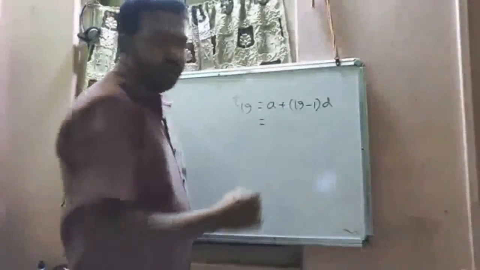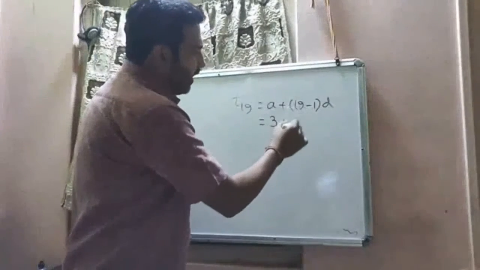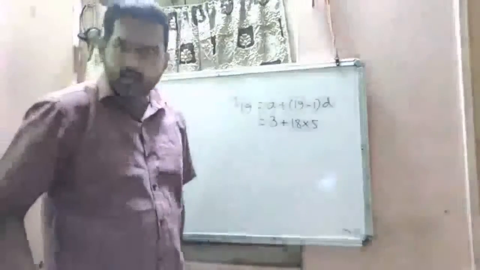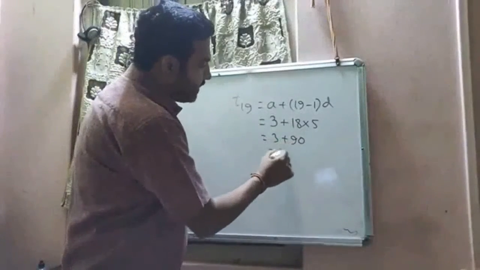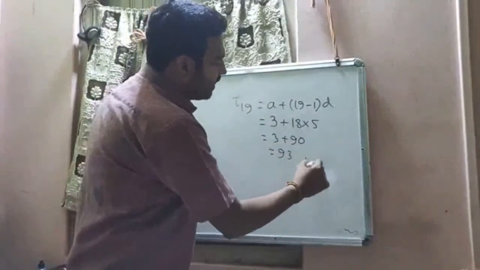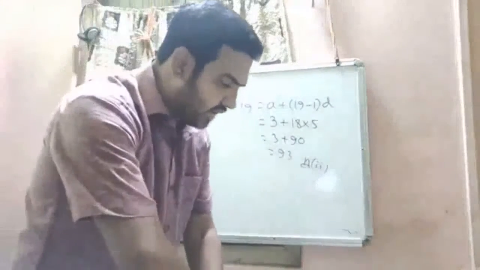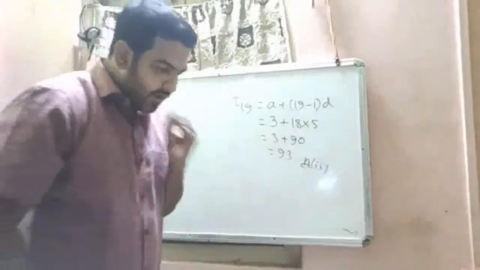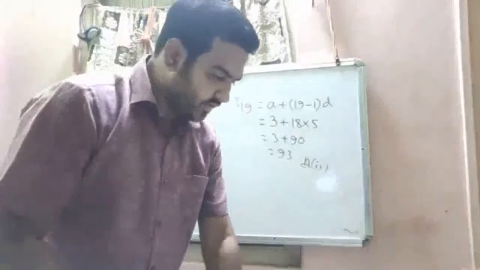So a is 3, the first term was 3. 19 minus 1 is 18 into d was 5. So 3 plus 18 fives are 90, that is 93 is the 19th term. We have calculated the 19th term as 93. Understood? Now let's move to the next question.